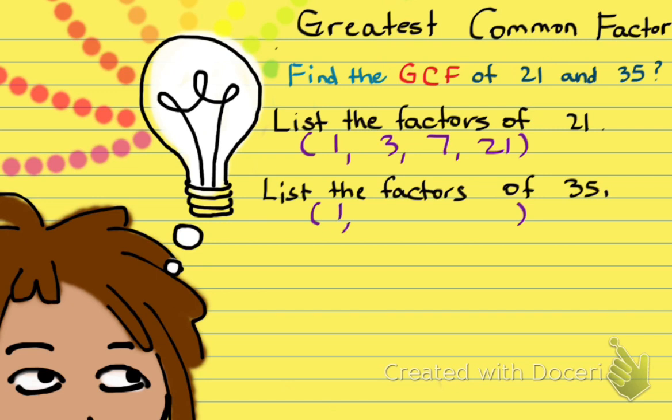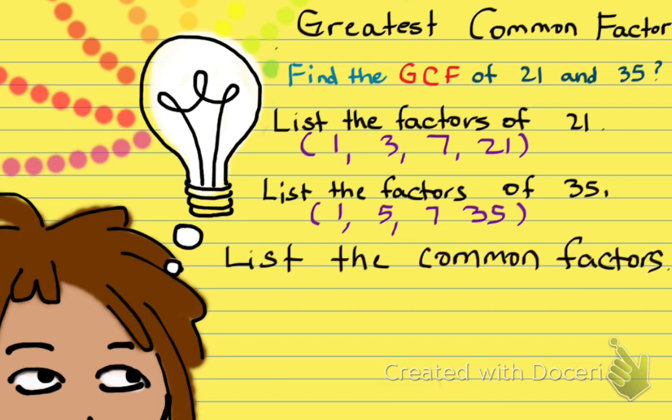So we have 1 times 35 and 5 times 7 equals 35. So there you go, we have our factors of 35. Now let's look for the GCF. What are the common factors? We have 1 and 7. Then the GCF, or the greatest common factor, is 7.